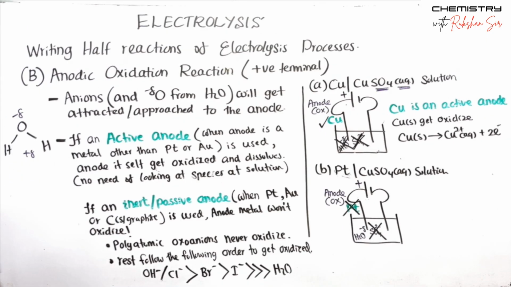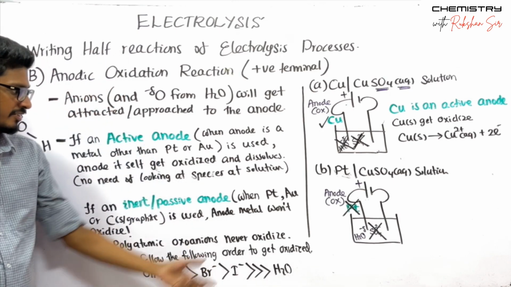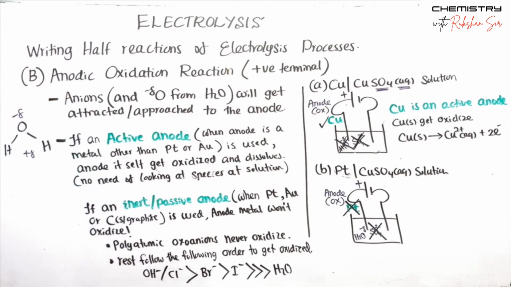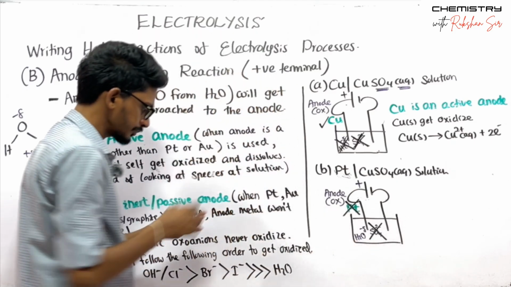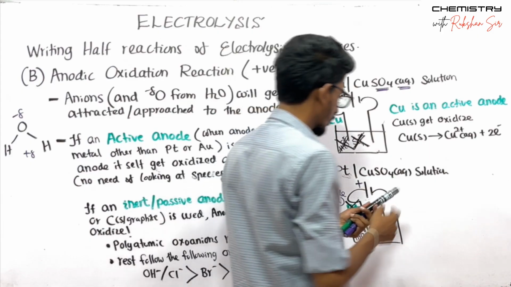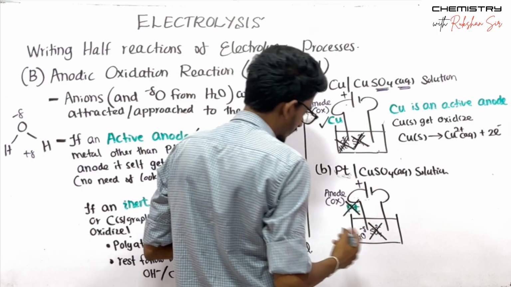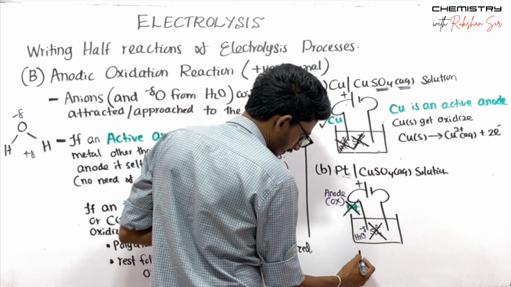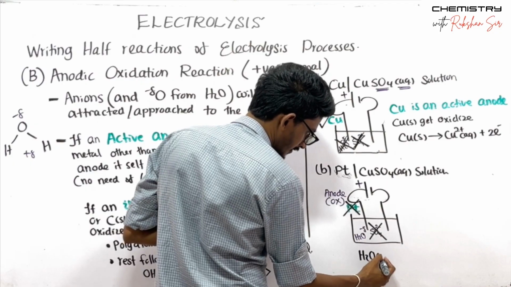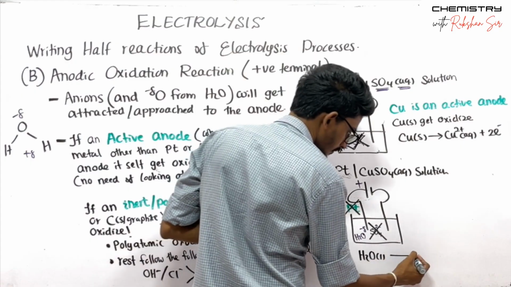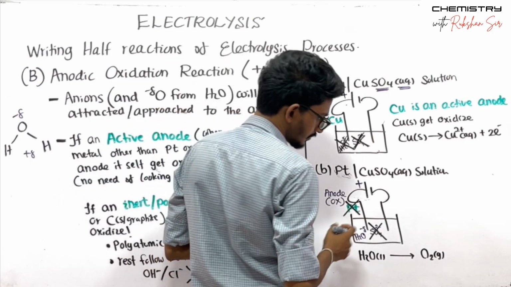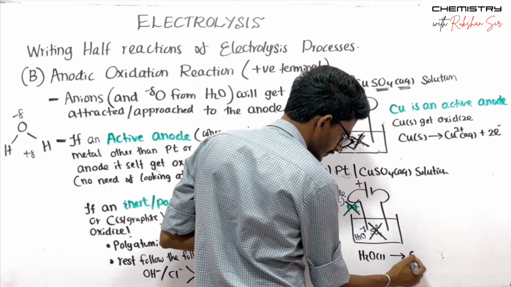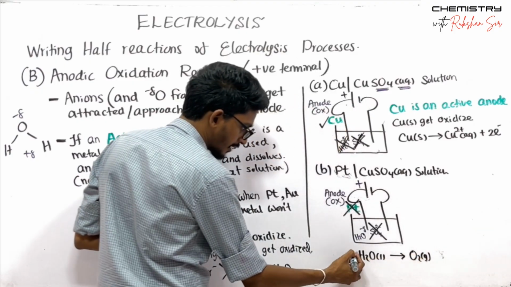Is the thing clear? So here the water will get oxidized. Let's write the reaction. For water, the oxidation could occur from the oxygen side, so that towards O2 it will get oxidized. Two oxygens, just balancing as normal.